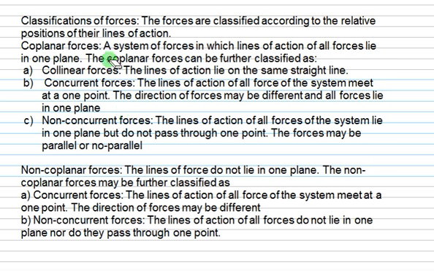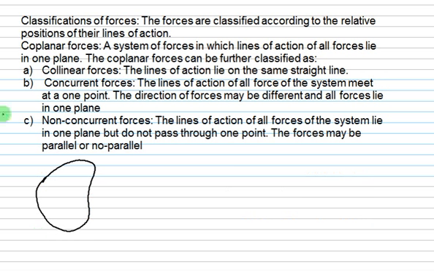The discussion that is applied for coplanar is also applicable for the three-dimensional, that is non-coplanar, force system. Suppose we have a body like this and we have forces acting like this. One force like this, one force like this, one force like this, another force like this. So will these forces intersect or not? They will not intersect.